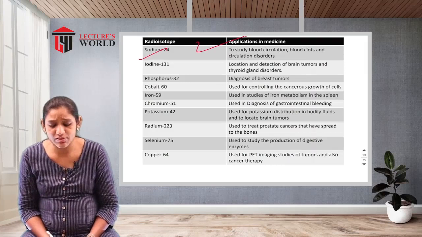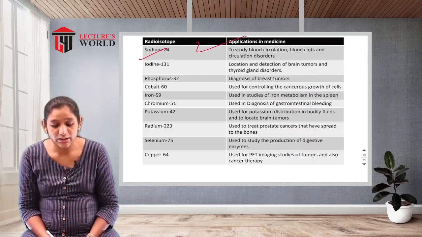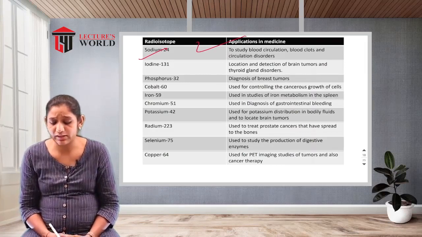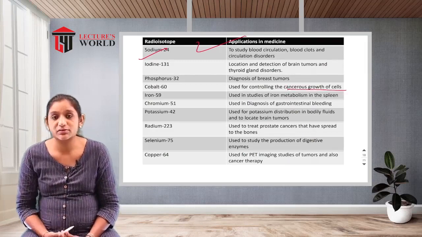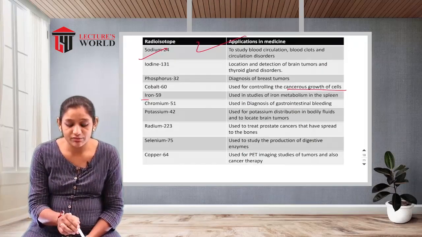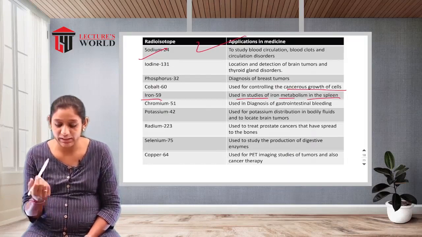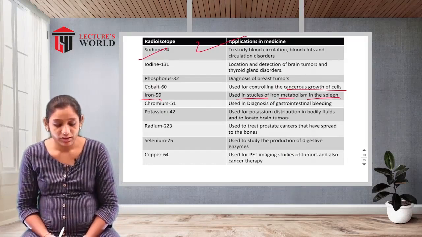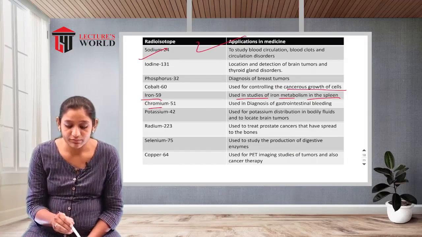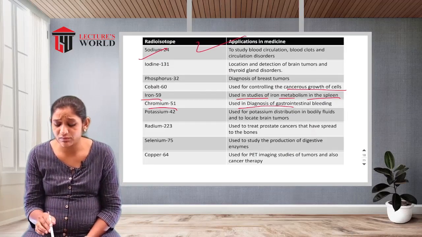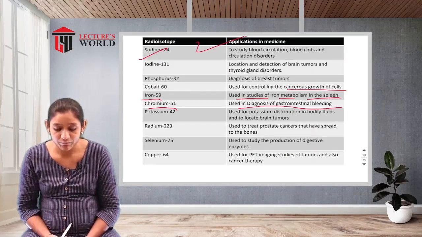Phosphorus 32 is used in diagnosis of breast tumors, and cobalt 60 is used for controlling the cancerous growth of cells. Iron 59 is used to study iron metabolism in the spleen. Chromium 51 is used in diagnosis of gastrointestinal bleeding.